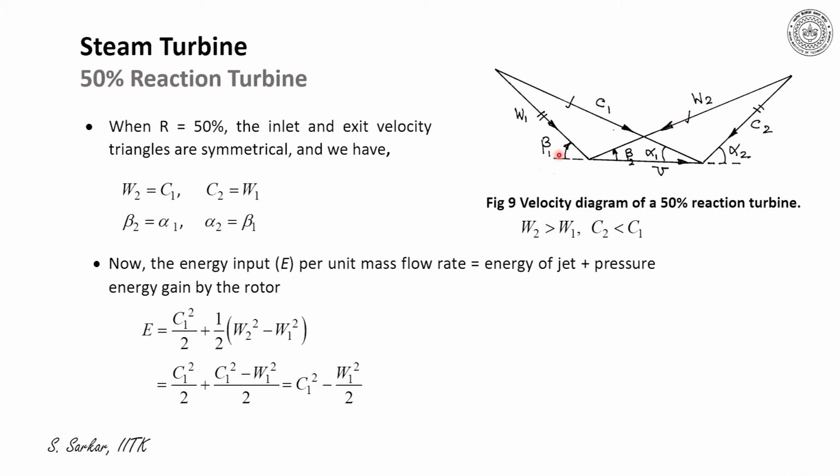Furthermore, beta 1 would be equal to alpha 1 and beta 2 would be equal to alpha 2. Thus, these two triangles, inlet and exit, are the mirror image of each other.